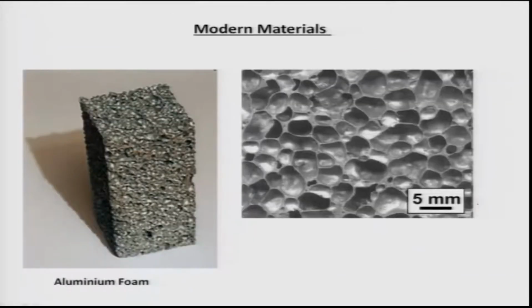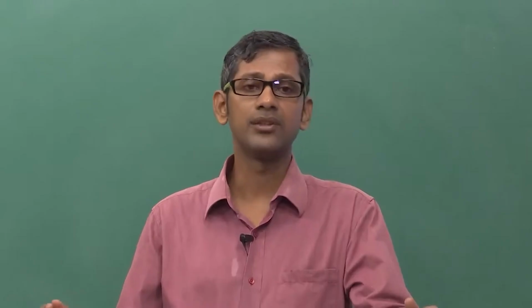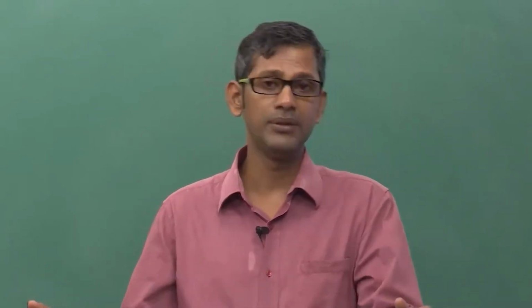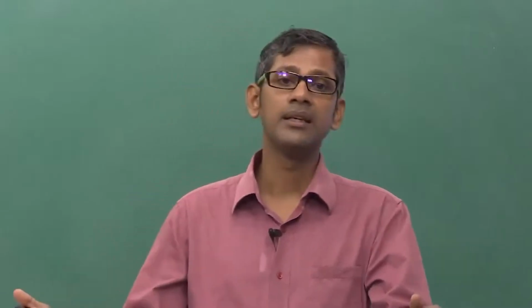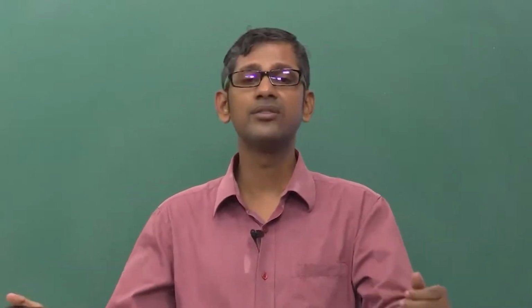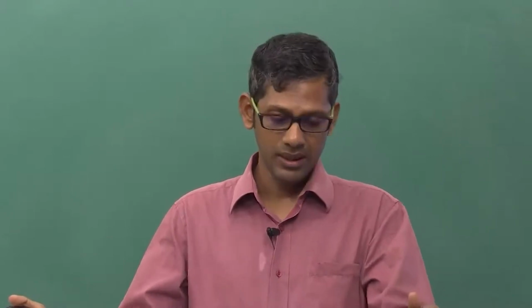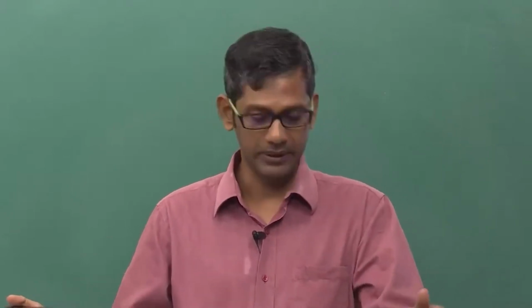Nowadays people are all talking about metallic foams. Foams are very important industrially because foams are used as a shock absorber in cars, or even in defense applications where you need ballistic armor to protect from bullets. So foams are also made from liquid.